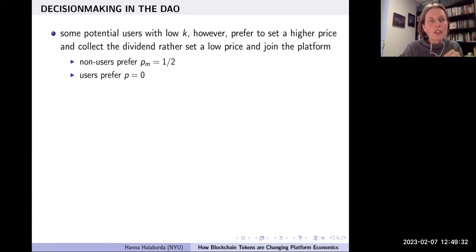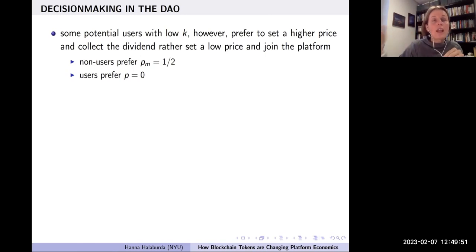So here it will be much simpler than this. Everybody can perfectly calculate what price they prefer. So you can imagine that this is a voting among informed users or potential users. So they are all informed, but they will have different preferences.